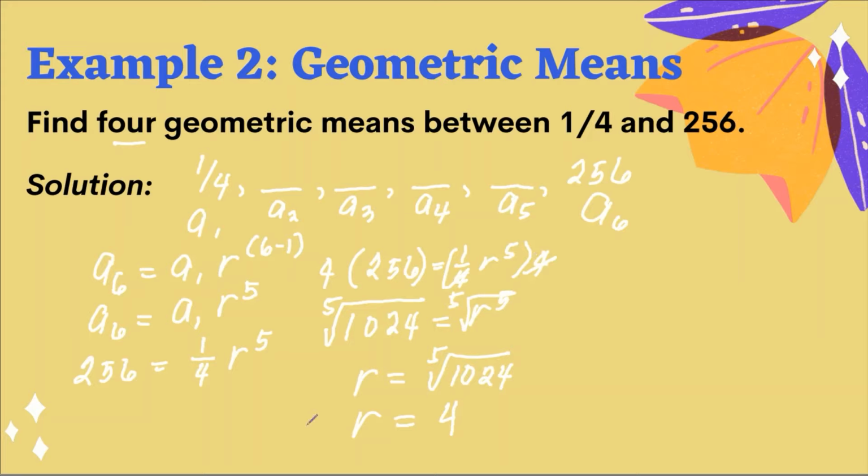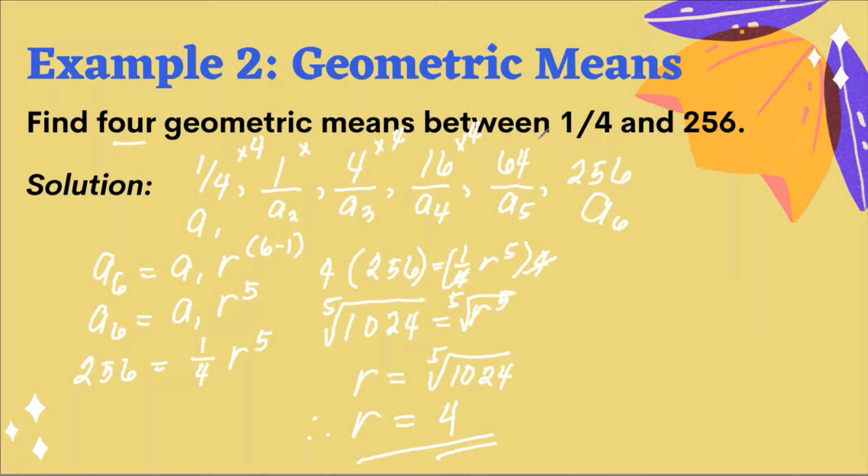Okay, now we know that our r, or the common ratio, is 4, so multiply all the terms by 4. So 1/4 times 4 is 1. 1 times 4 is 4. 4 times 4 is 16. 16 times 4 is 64.